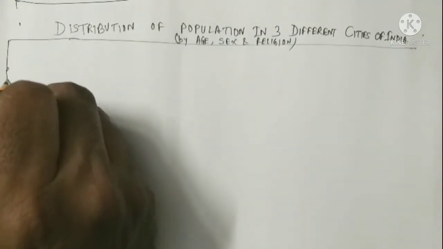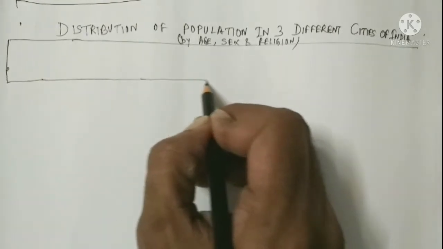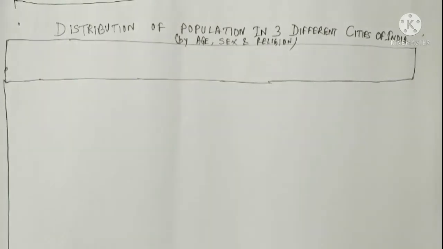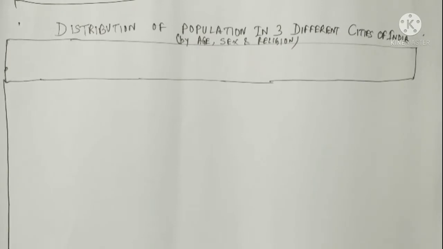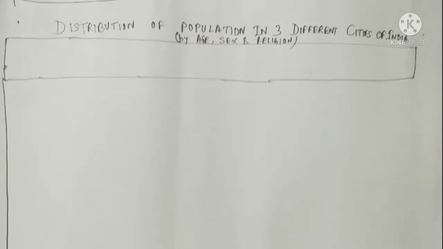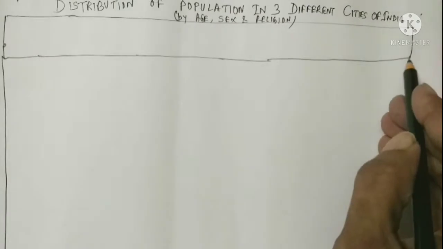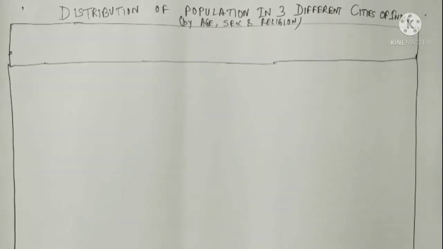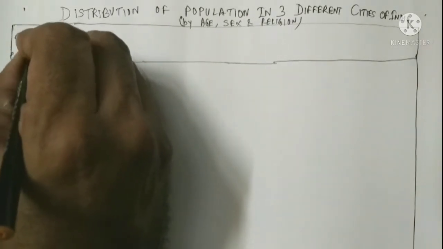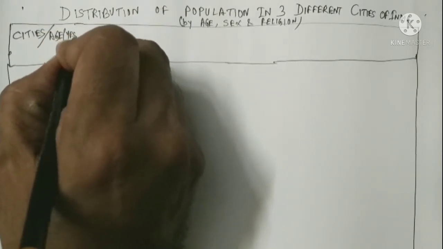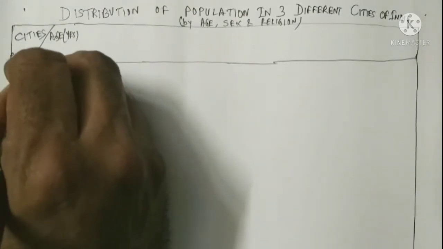First we make the table structure by forming these heads. Cities, age, years, groups.